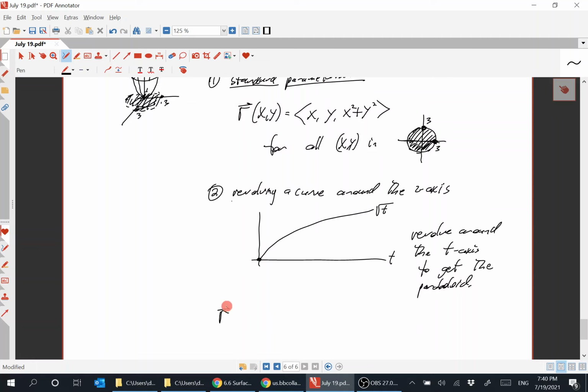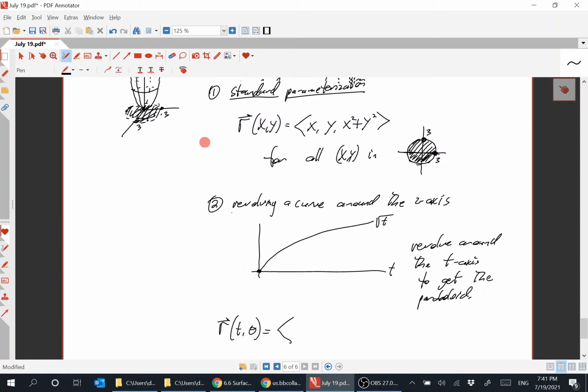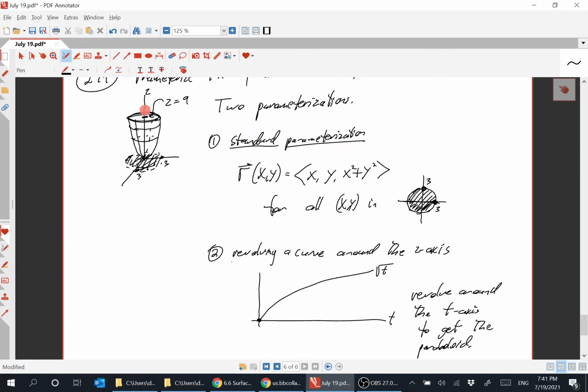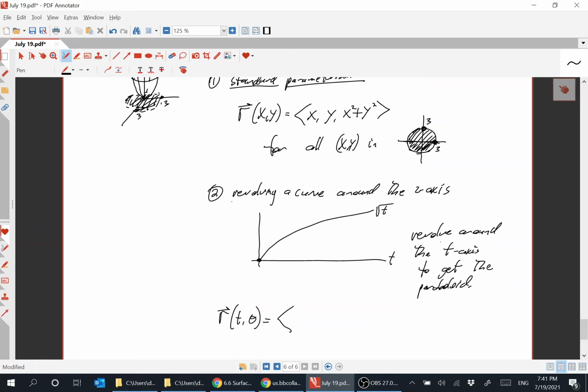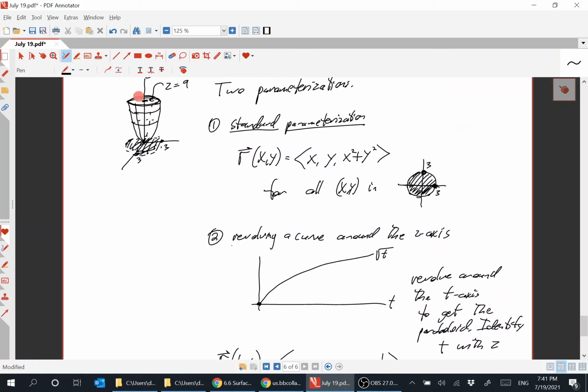So in that case, the parameterization is, so I'm going to make the t-axis the z-axis, right? We're going to do this rotation. So revolve around the t-axis to get the paraboloid, and then identify t with z. So the t goes in the z coordinate because we're going to change the t-axis to the z-axis to get that surface of revolution there along the z-axis.